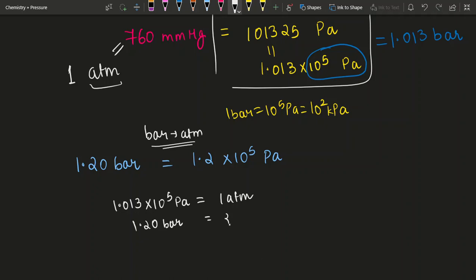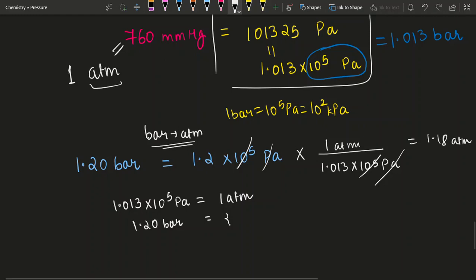You can use that unitary method, and what you'll arrive at eventually is the following conversion factor, and that would be 1 ATM over 1.013 into 10 to the power 5 pascal. And once you solve for this, pascals cancels pascal, 10 to the power 5 cancels 10 to the power 5, and once you compute this, you are left with 1.18 ATM.